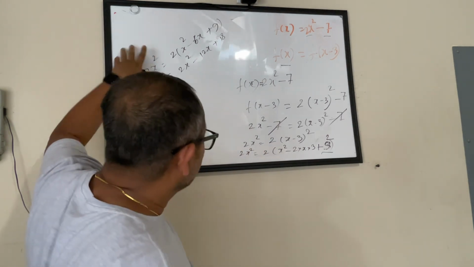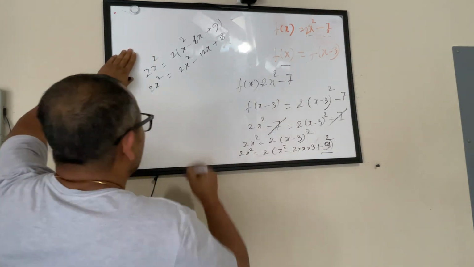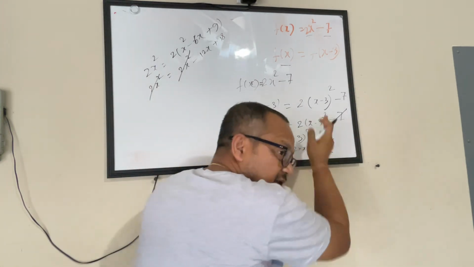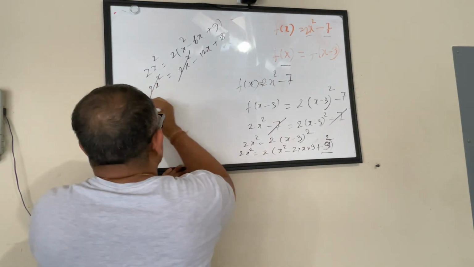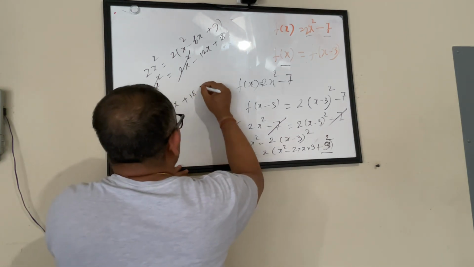So my story is continuing, right? Whatever we had, I'm just expanding it. So now, here I can knock off this guy and this guy, because when I move it, they will subtract each other. So that means minus 12x plus 18 will be equal to 0.